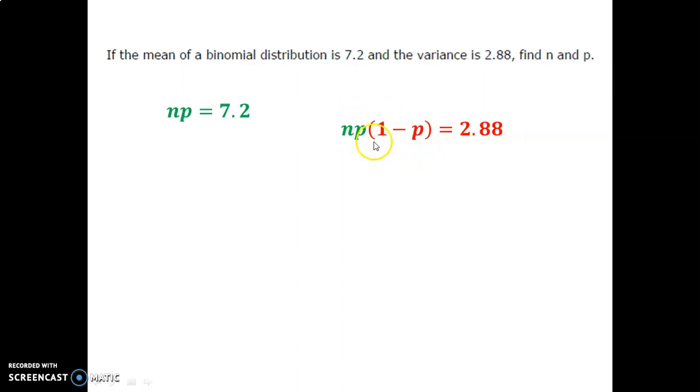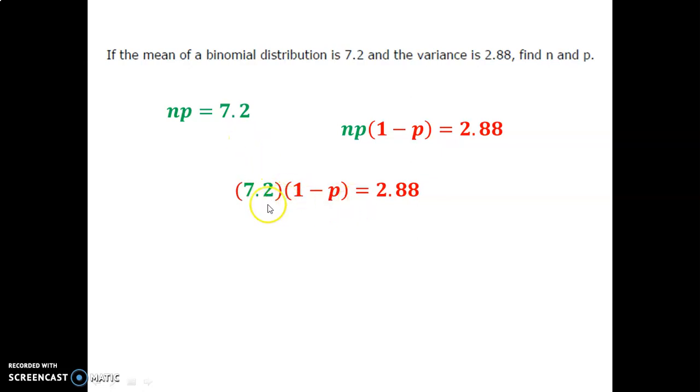Right, so if we knew this probability, q would be 1 minus that one, right? If this was 0.8, then this would be 0.2. Okay, so there's our formula there. Now we have 2 equations, both have n and p as our variables. Since we have this system of equations with the same variables, we can combine them to solve. So for example, I know np is 7.2, so I'm going to replace this np here with 7.2 from here.